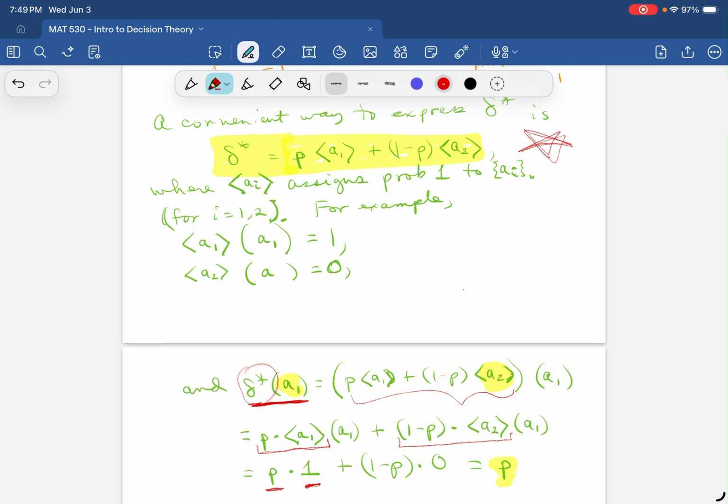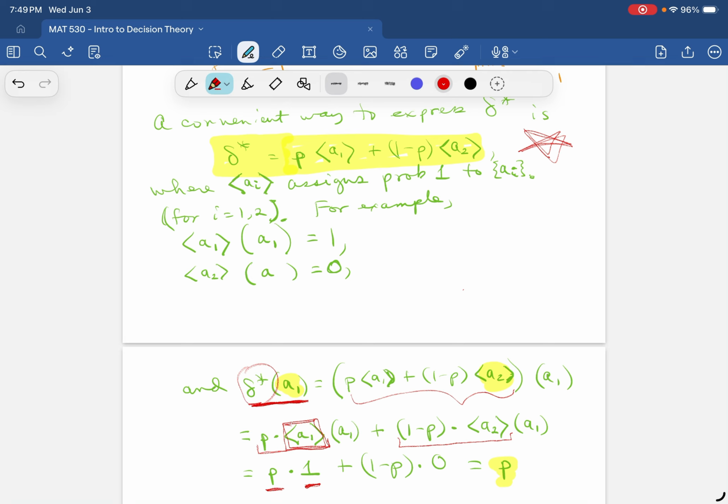Because remember, this angle bracket a1 always returns 1 if a1 is the input. That's the probability distribution that chooses a1 with probability 1. That's why it outputs a 1.